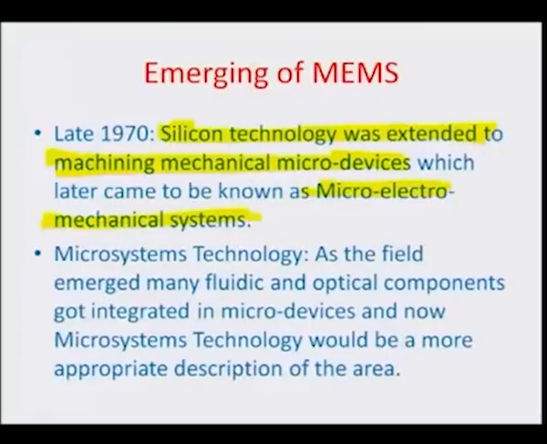As this field emerged, microsystems technology increasingly got applied to many fields like the fluidic and optical industries or components, which synergized with MEMS technology and got integrated into micro devices.